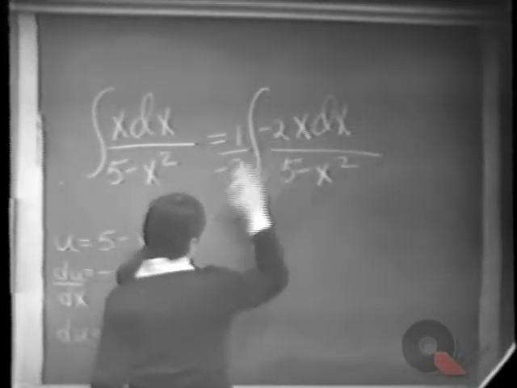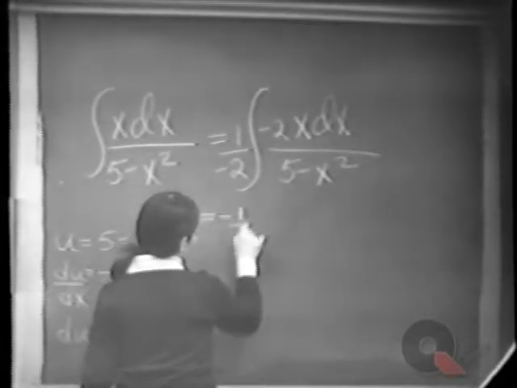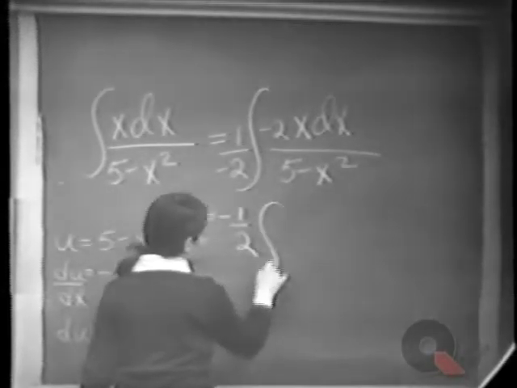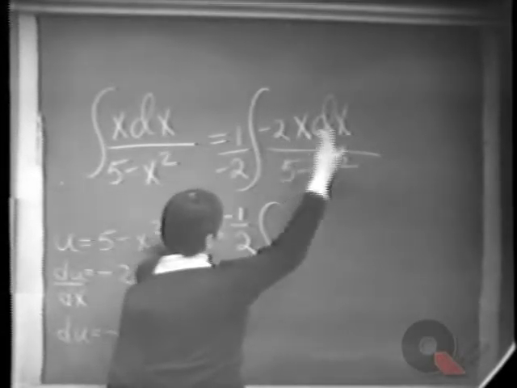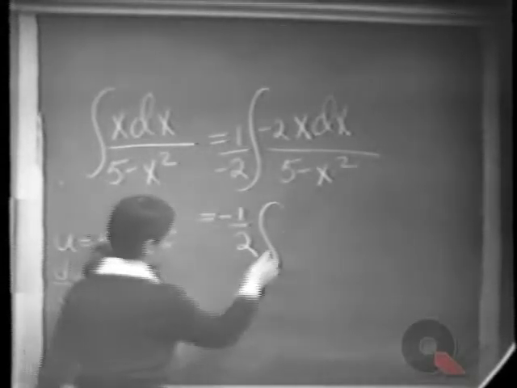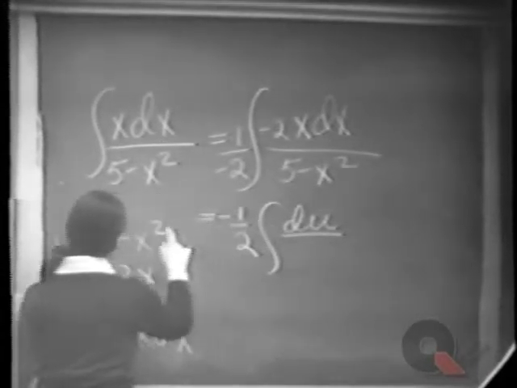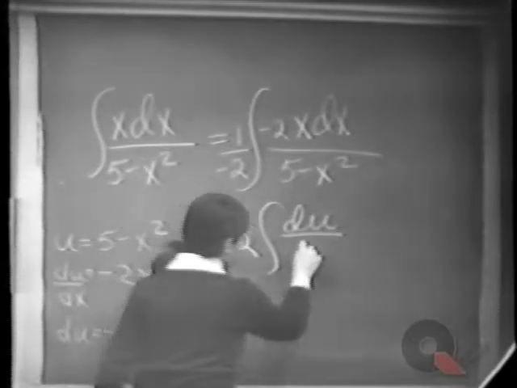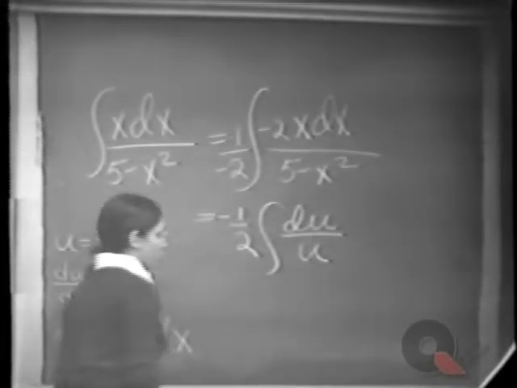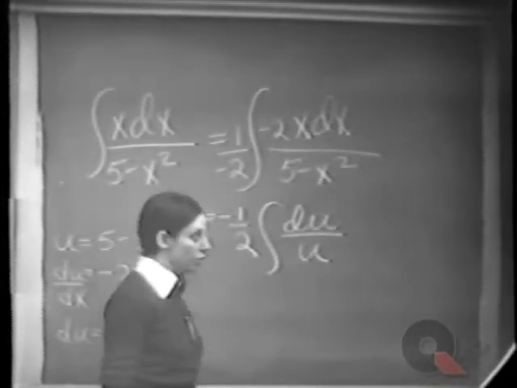But in multiplying by 1 in the special form, we have now put the integral into this shape. Minus 1/2 the integral of minus 2x dx, that's precisely du. 5 minus x squared, that's u. So we now have it in the form minus 1/2 the integral of du over u.